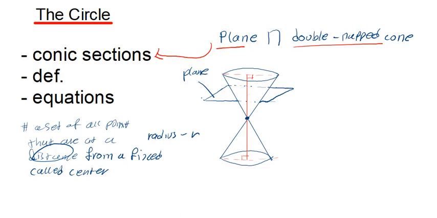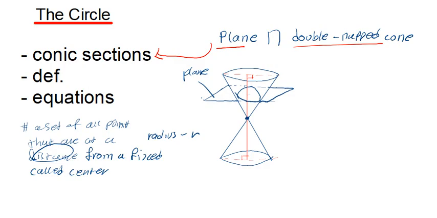You're going to have something of that kind that is going to be a circle. It depends on where you are viewing it, but as long as the plane is at a 90 degrees angle with the axis, what you're going to have is a circle. So that's why we say conic section formed when the plane is perpendicular, being perpendicular meaning at a 90 degrees angle.